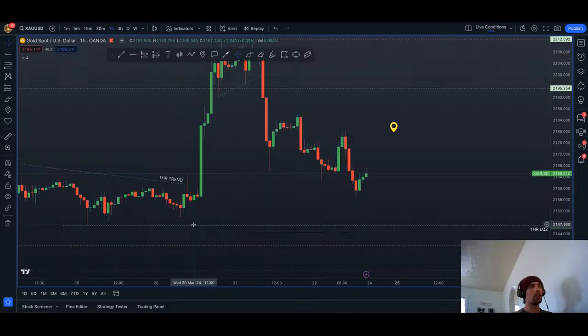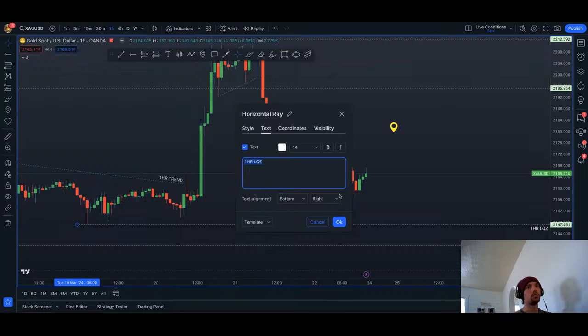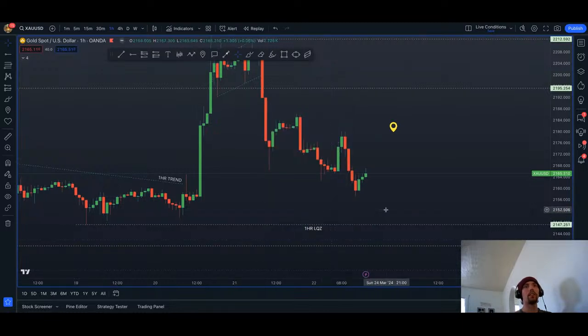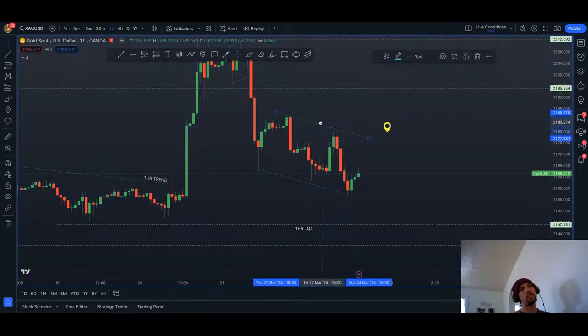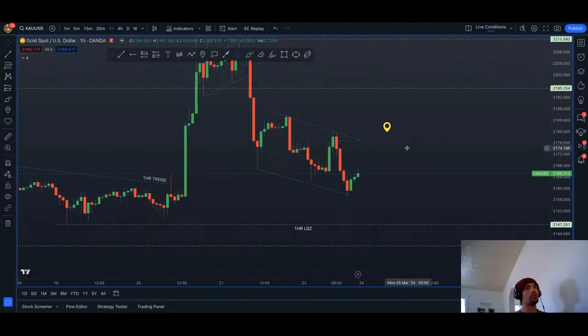That's a low that we're going to be looking for. And let's go ahead and center this. Boom. And we're going to go ahead and draw this on here and this on here, and we'll refine this as we zoom in.